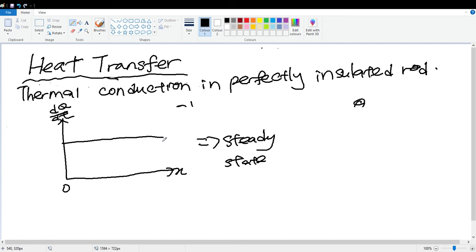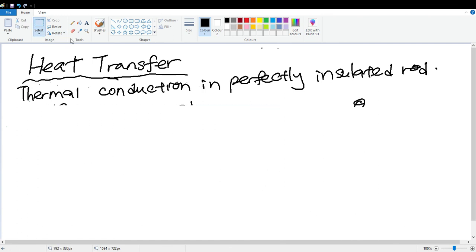This is how we define the rate of heat flow for the perfectly insulated rods at the steady state. When steady state is achieved, the formula for the rate of heat flow is applicable: dQ over dt equals kA d theta over dx.